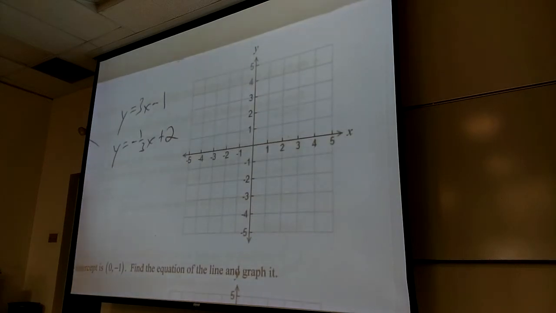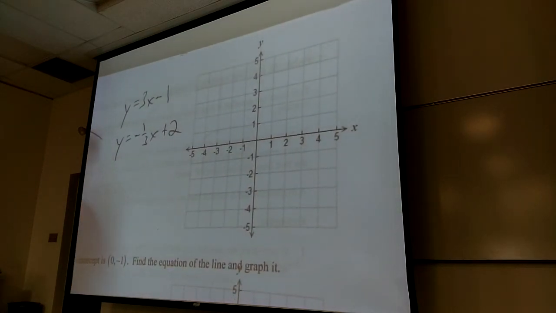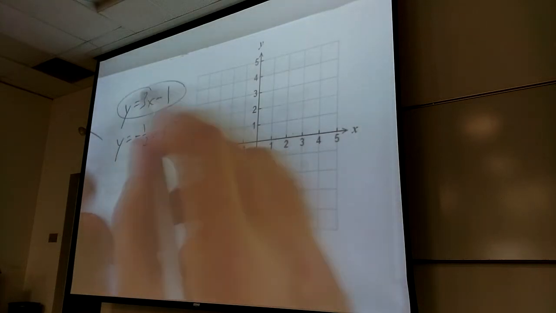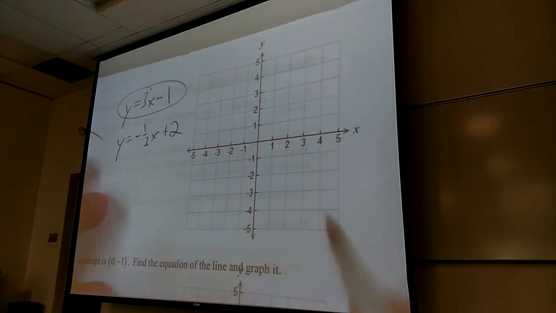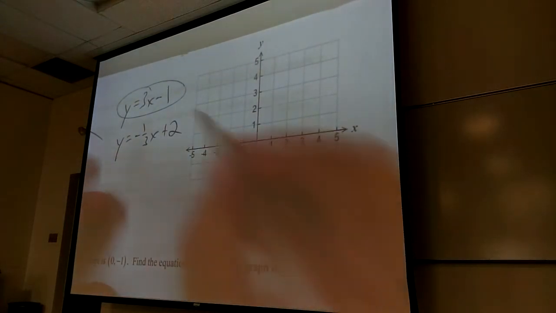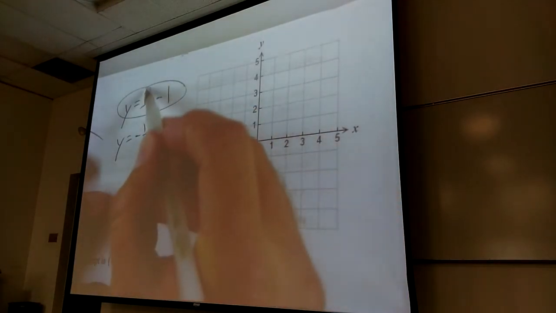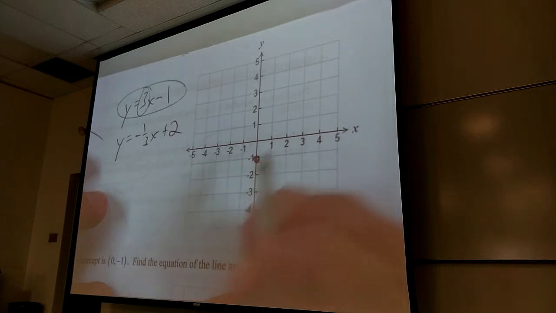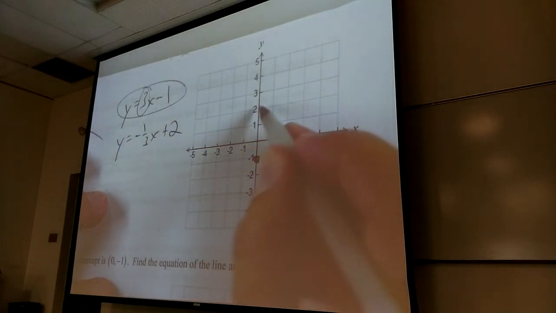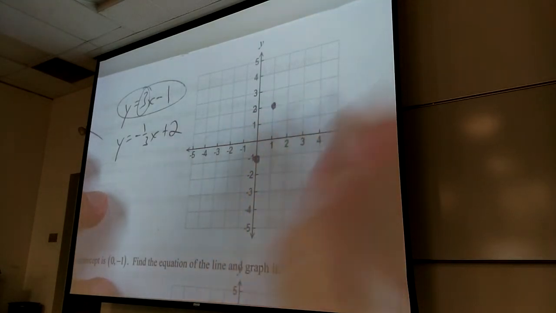All right, let's try to graph these two things and see if they look like they're perpendicular. Perpendicular means they hit each other at a 90-degree angle. So how do I graph 3x - 1? What do I know about that line? Yeah, I go down 1, start there, and then what's the slope tell me to do from there? Up 3 over 1. So there's that line.